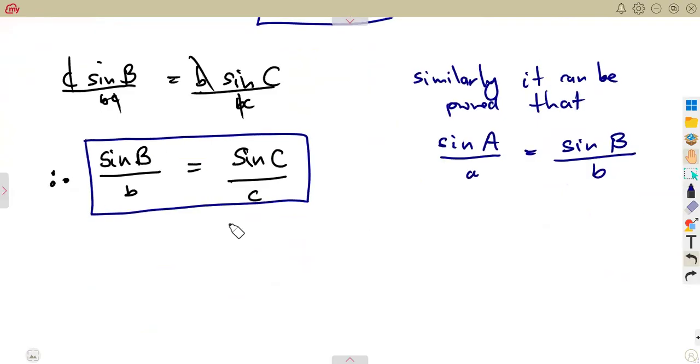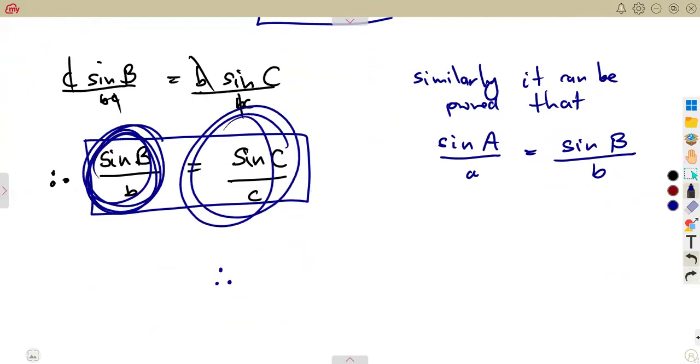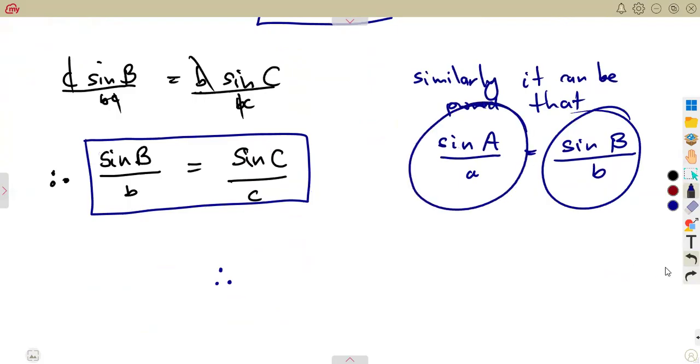So you simply have to equate them: this sine of A over A, which is equal to the sine of B over B, is also equal to the sine of C over C.